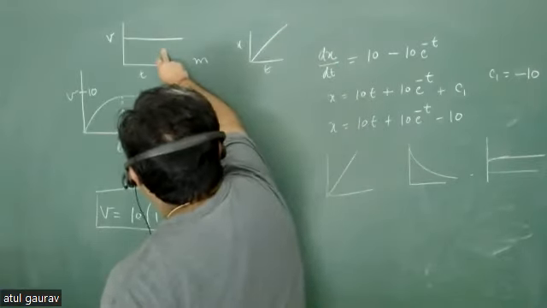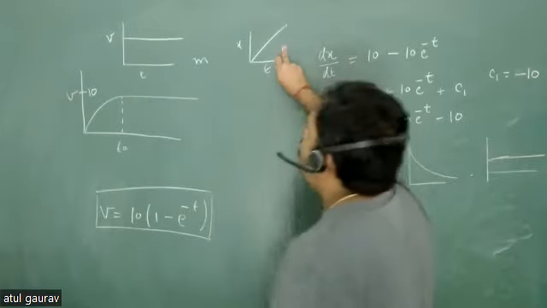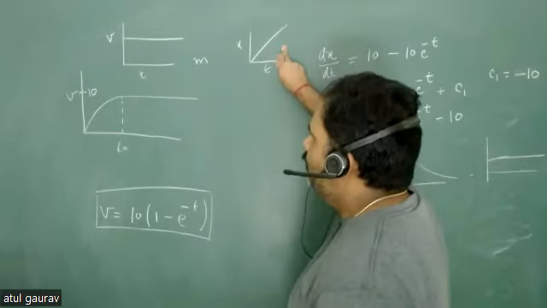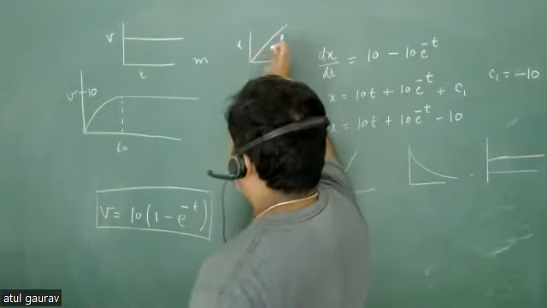When you have this situation of velocity, you have this situation of position, and you have x versus t something like this.